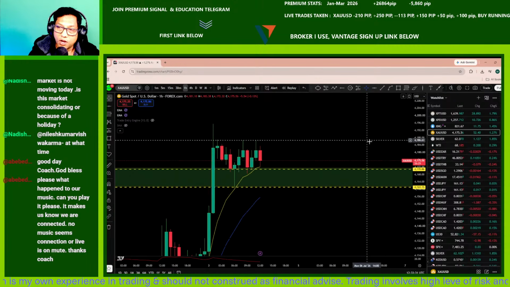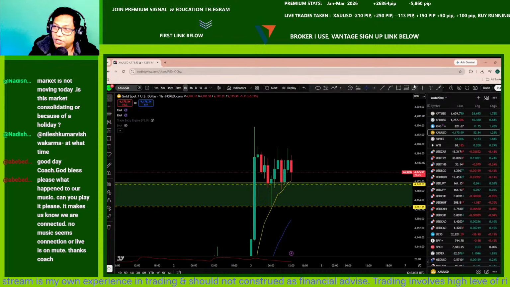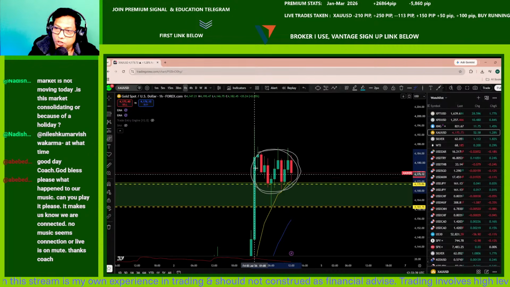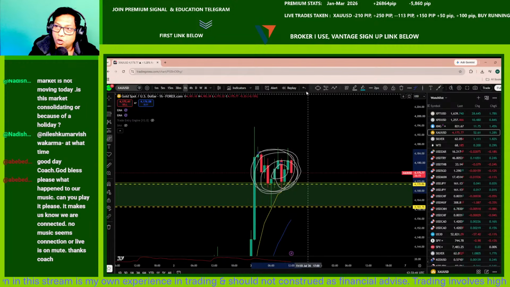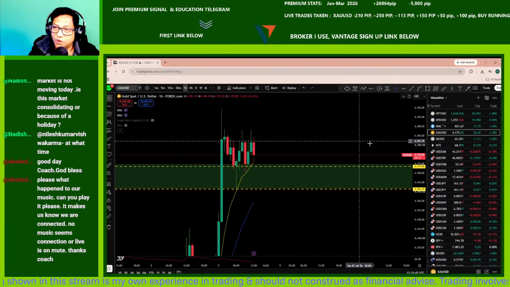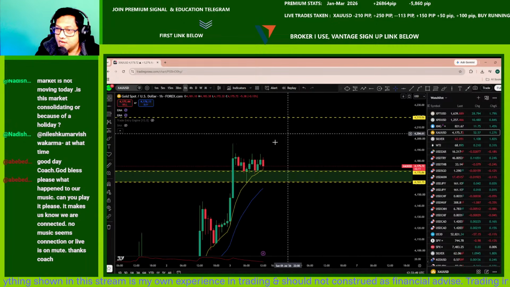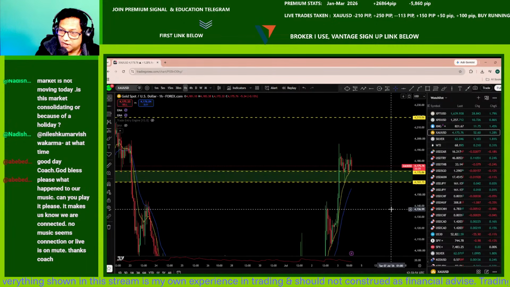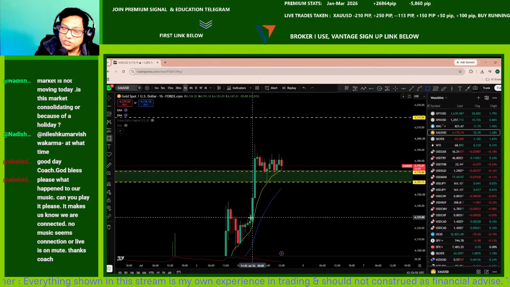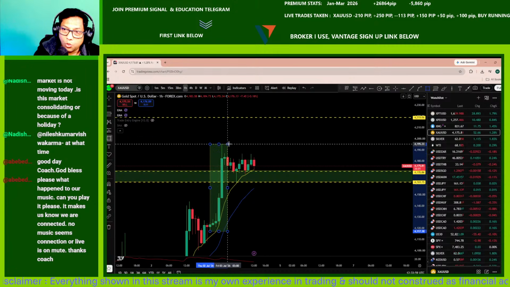From the 1 hour perspective, you can see there is a consolidation pattern at this level. Now this consolidation is key because with this consolidation, the market structure breaking below can create that upside bias, right? And the way the price action has formed along this area, you can see that this is a complete one single move.